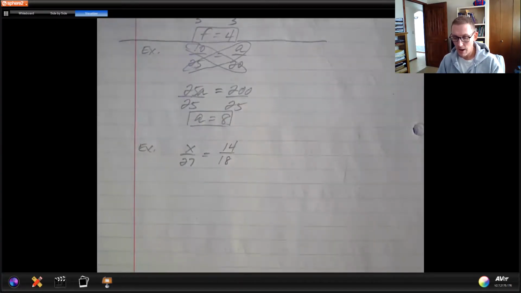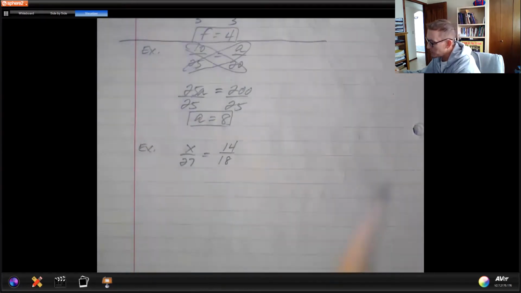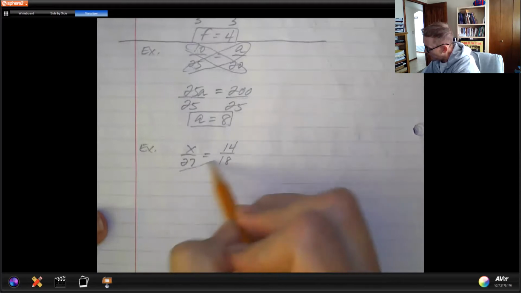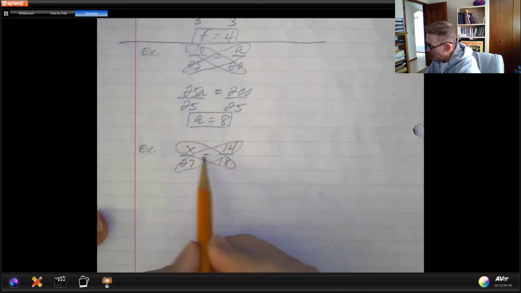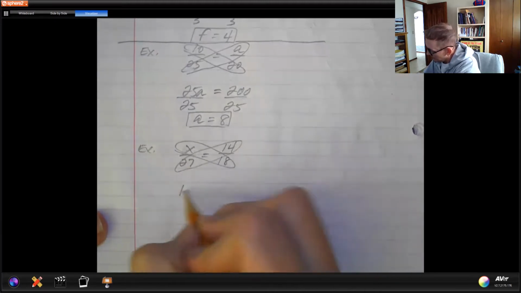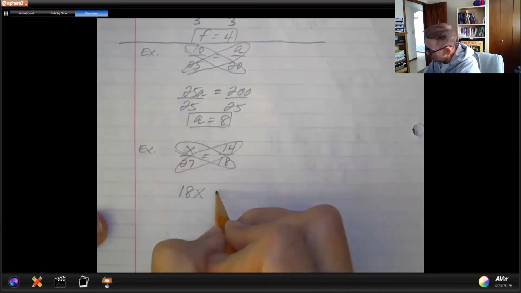All right, now that you have solved it, let's see how you did. So we're going to start off here, and we're going to do our cross products. I'm going to multiply diagonal across the equal sign. X times 18 is 18x.